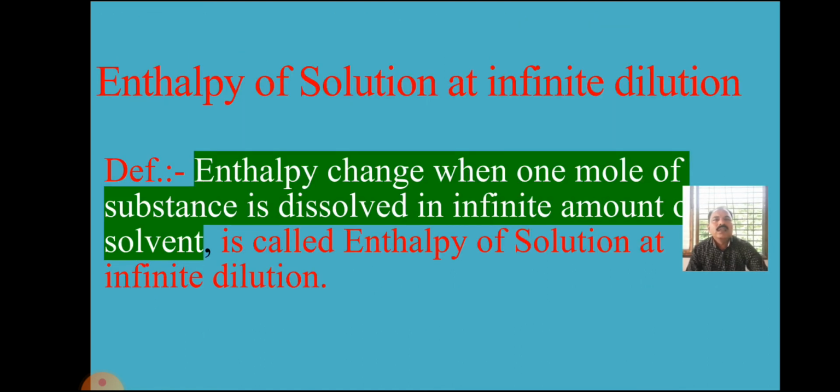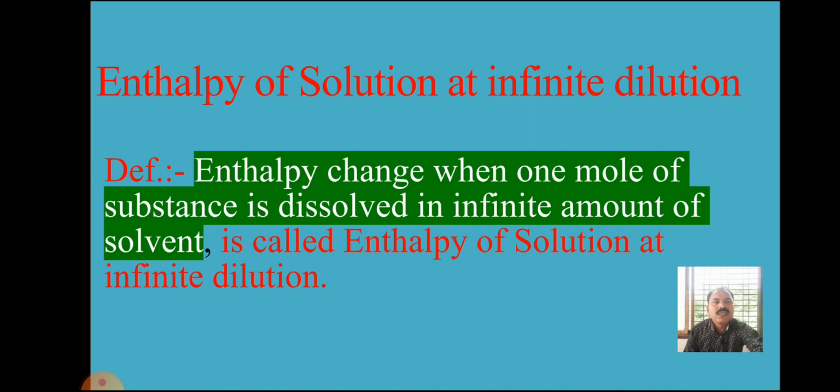The enthalpy of solution at infinite dilution. Definition: the enthalpy change when 1 mole of substance is dissolved in an infinite amount of solvent is called enthalpy of solution at infinite dilution. Infinite means we can't measure it. It is a very, very large number.